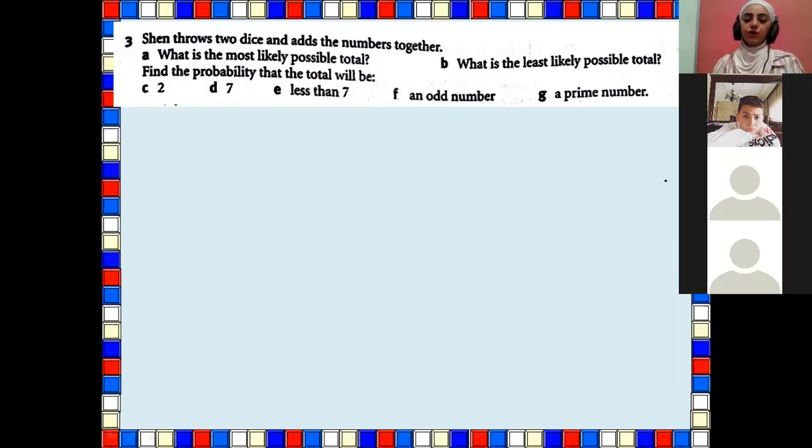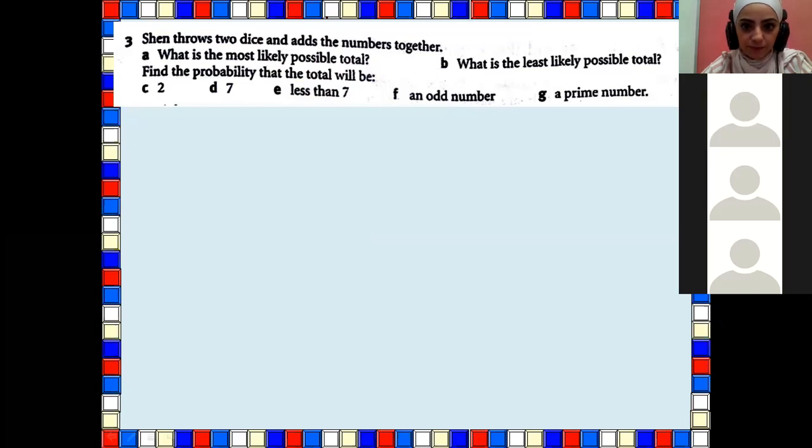Okay, let's go to question 3 here. Guys, please, who answered, don't raise your hands again. Yalla, let's go to question 3. Who would like to answer this question? Ali Al-Khawaja. Yes, Ali. Shen throws 2 dice and adds the numbers together.